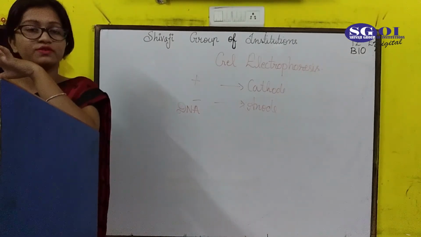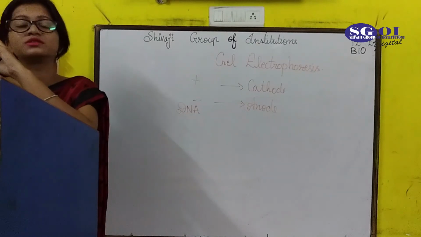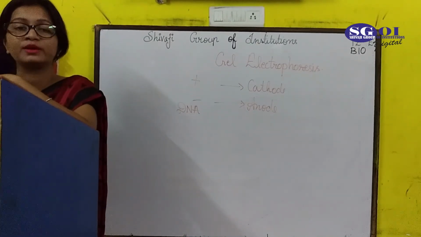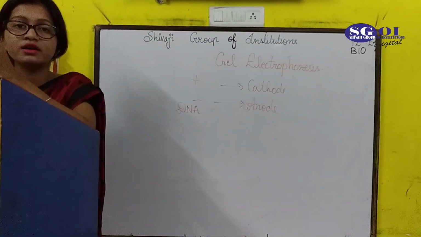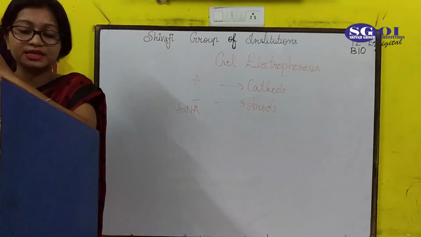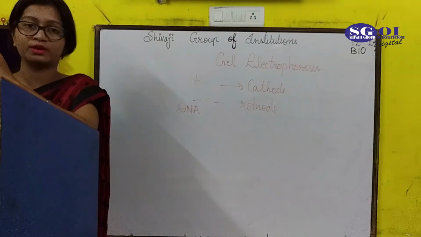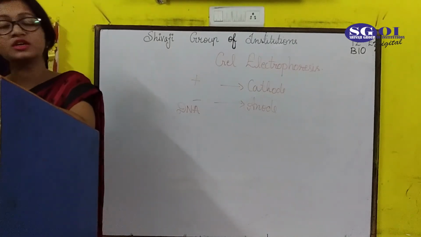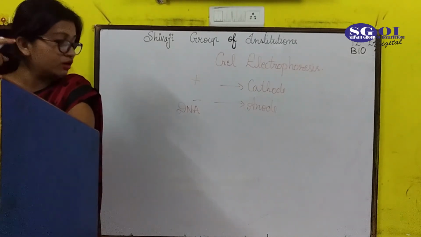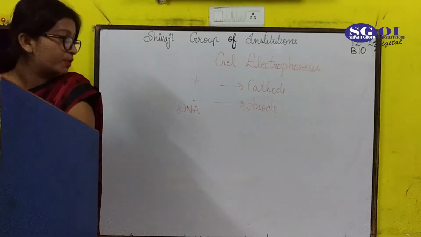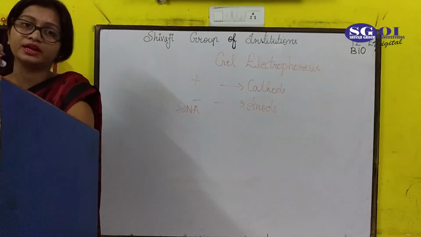So consider this properly. First of all, this is the separation of DNA fragments. DNA is cut with the help of enzymes into small fragments, and then the small fragments move towards the anode, because the anode is positively charged and DNA is negatively charged.